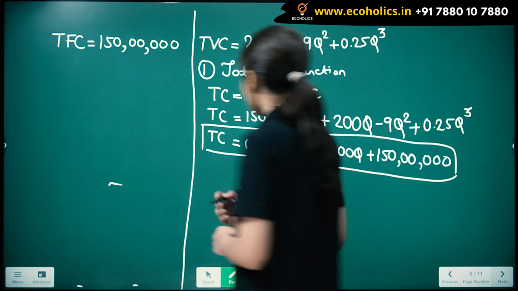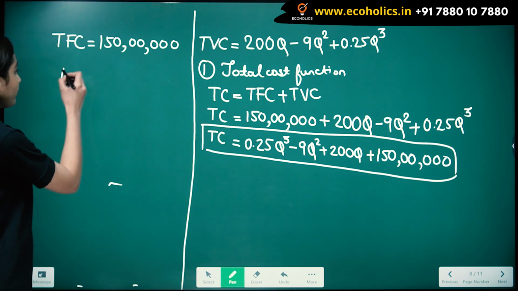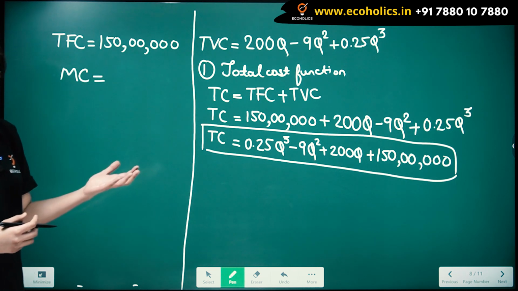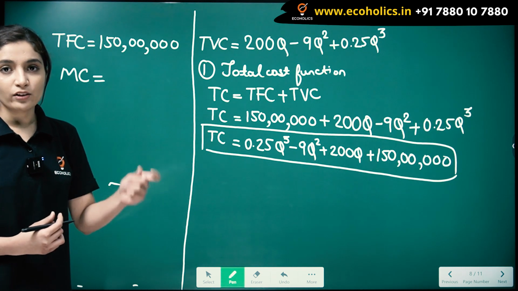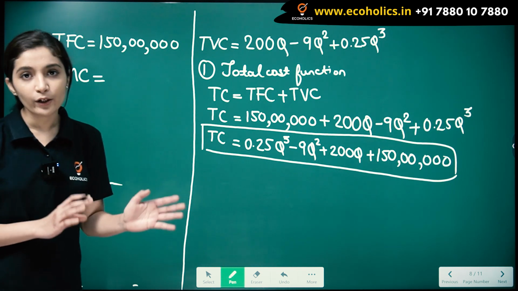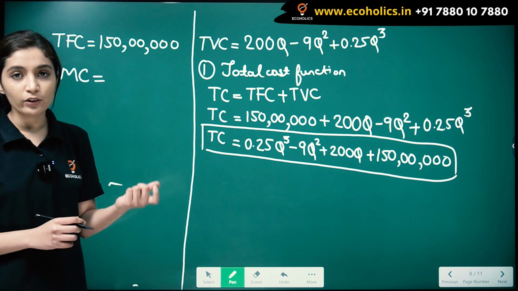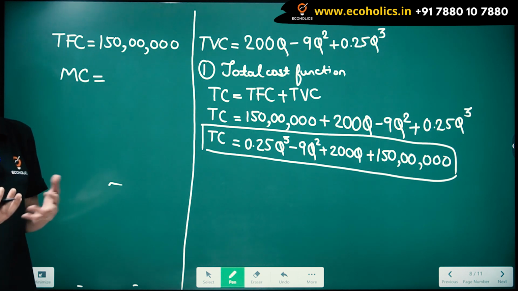We have seen that marginal cost is the addition that is made to the total cost by adding one extra unit of output.